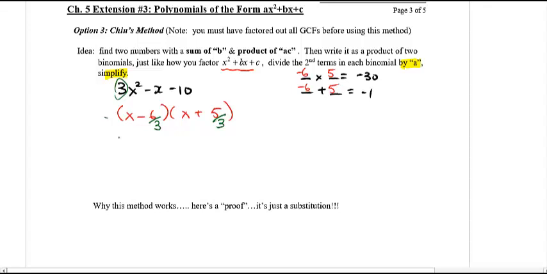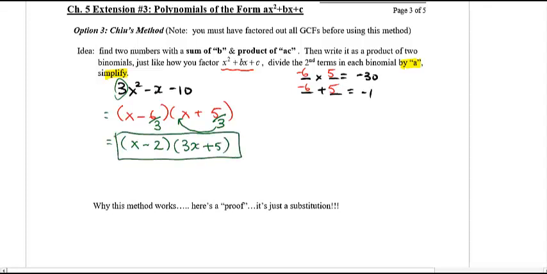Okay? And you're like, why? I know, but let's just do it. This then simplifies to x minus 2. The factor here, x plus 5/3, cannot be simplified, but I can make it look a little bit nicer by just taking the 3 and moving it up here, because I'm multiplying both things by 3, and I'll just get 3x plus 5. And with Chu's method, boom, there's the answer as well. Okay.